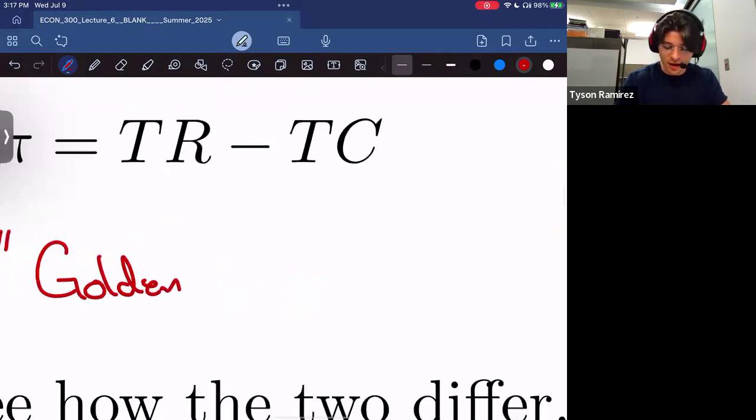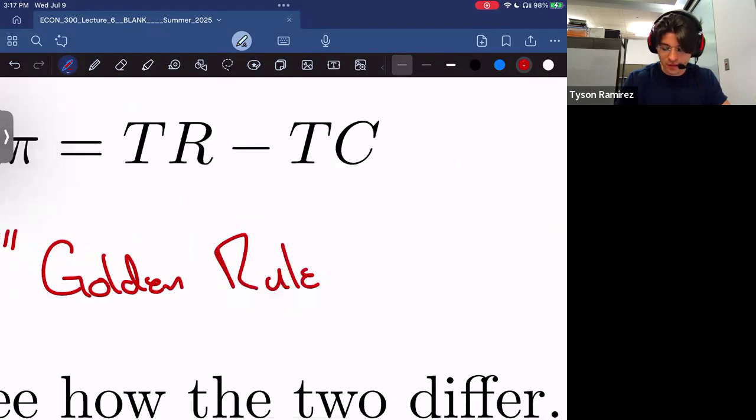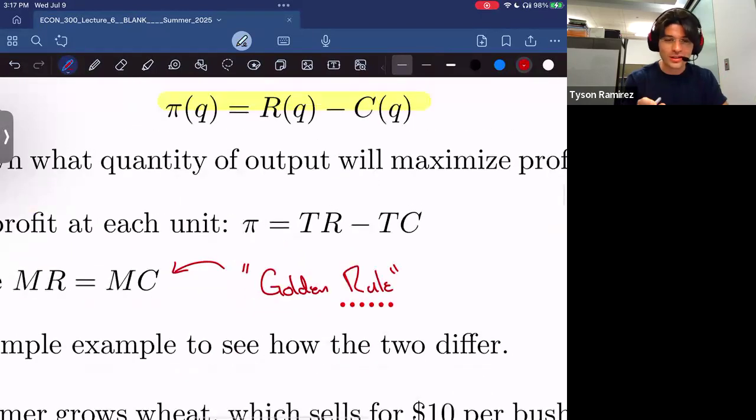If there is anything at all that you take away from not just this econ class, but any econ class at all, you should know that the golden rule is where the marginal revenue is equal to the marginal cost. This is true for anybody's problem at all in economics, whether it's the firm or the consumer, whether it's a business or a person.